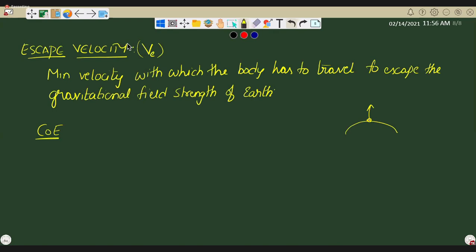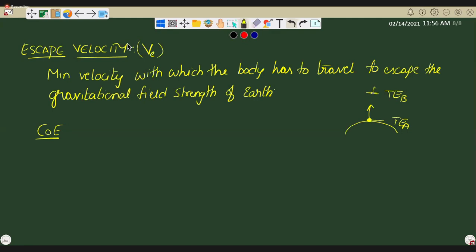So if I take a body here, the total energy of the body at A should be equal to the total energy of the body at B, right? So now when I project a body with escape velocity, it is reaching your B. From here, there is no potential energy, because if you need potential energy, it has to be attracted to Earth.